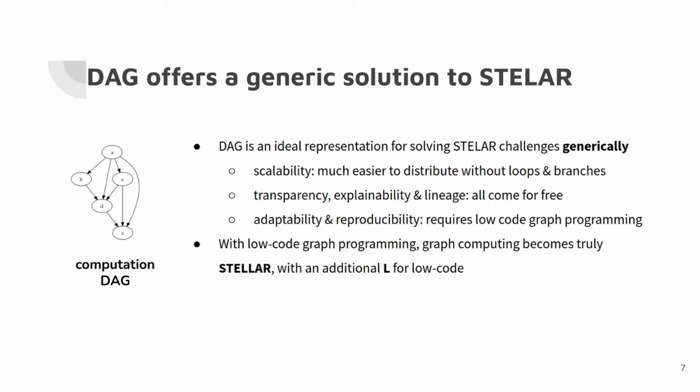Adaptability means that when you have a complex system, it should be easy to make changes. It shouldn't take a lot of effort and a lot of code to make changes to your systems. Reproducibility means that you should be able to easily create copies of your system, and use those copies to do experimentation and run different scenarios.